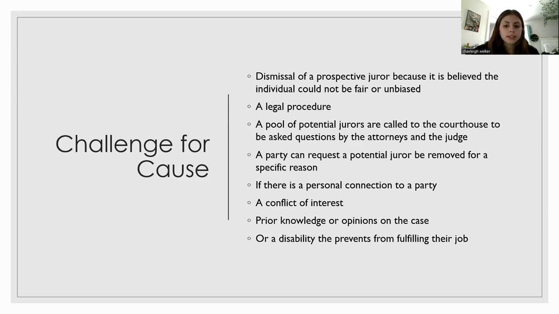And a party can request a potential juror to be removed for a specific reason. Normally, if there's a personal connection to a party, a conflict of interest, prior knowledge or opinions on the case, or a disability that prevents them from fulfilling the juror job.